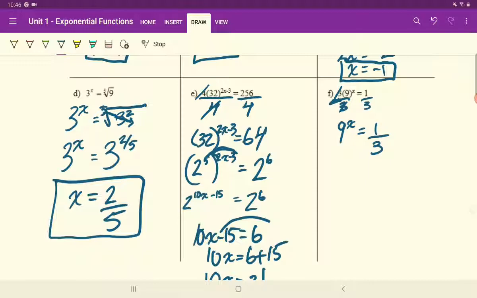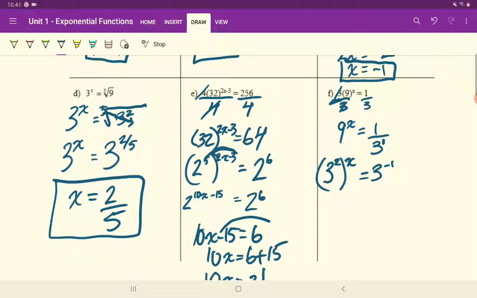Now, it looks like here you're probably wondering, what should my common base be? Well, my common base should be a 3 in my opinion. You can do 1 over 3, but I think a 3 would be good. I know that I can change 9 to the power of x to be 3 squared to the power of x. And I can change 1 over 3, because remember it's 1 over 3 to the 1, to 3 to the power of negative 1. So flip it so that the exponent then becomes negative.